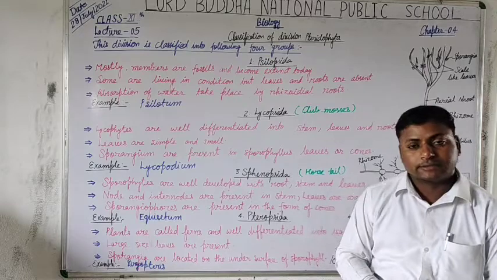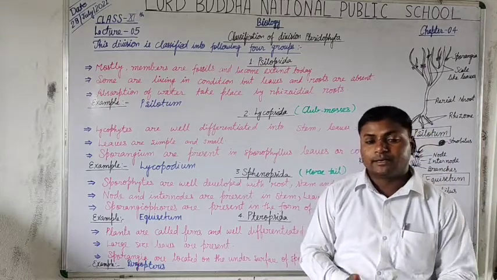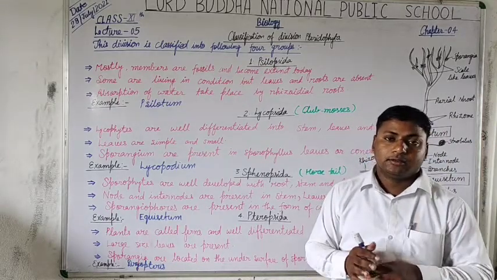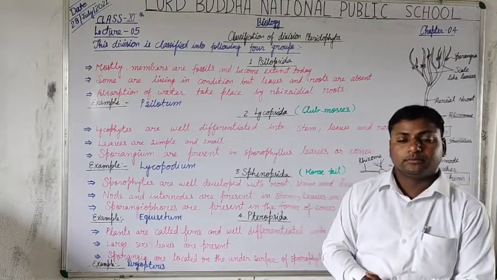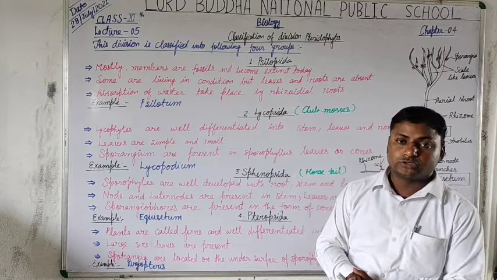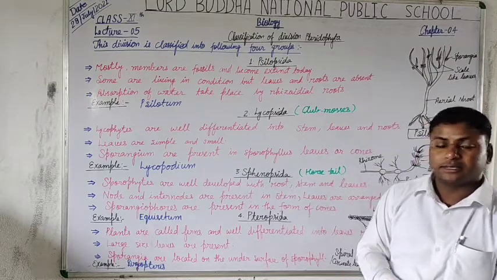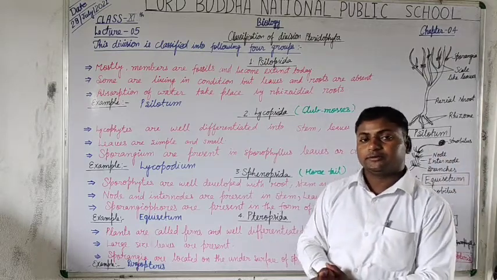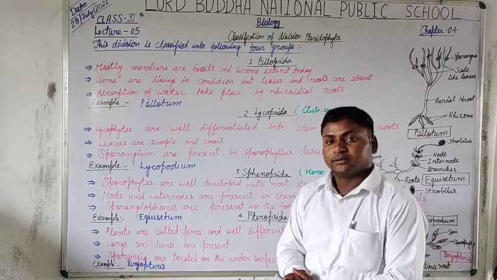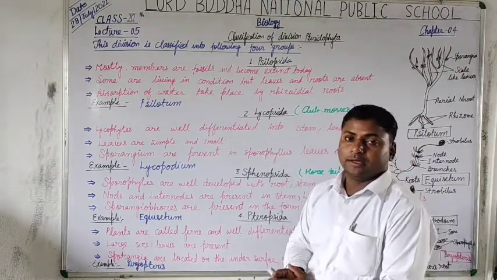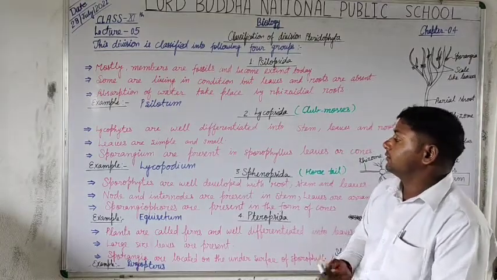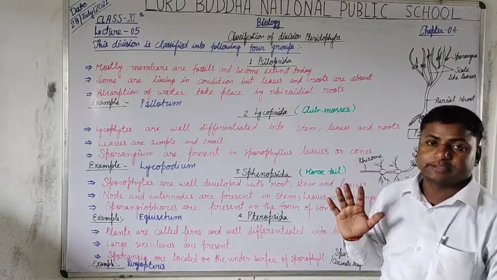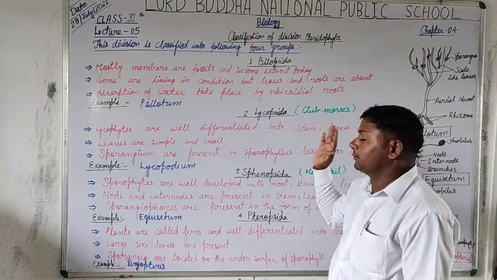In this group, mainly the extinct types of shrubs or bushy plants are included. Some of them are living, but mostly are fossils and have become extinct today.